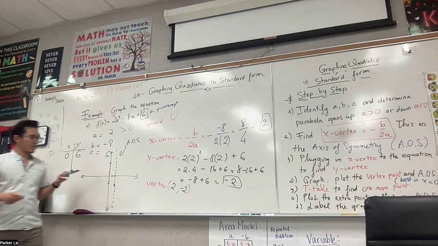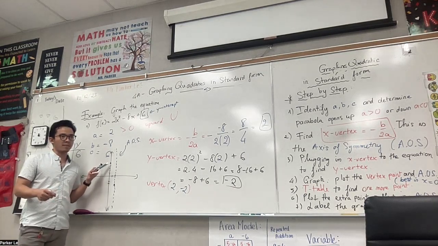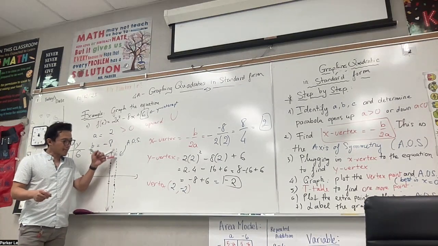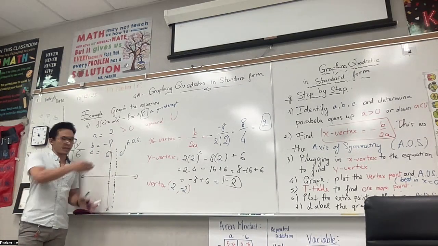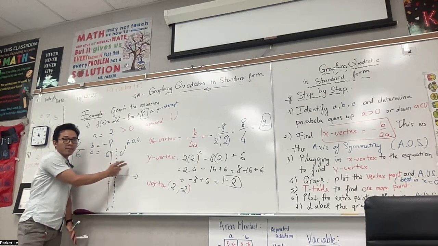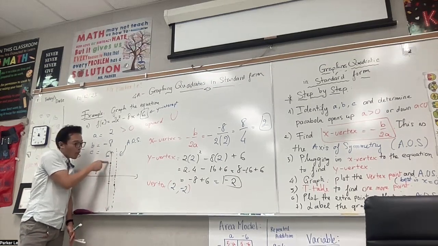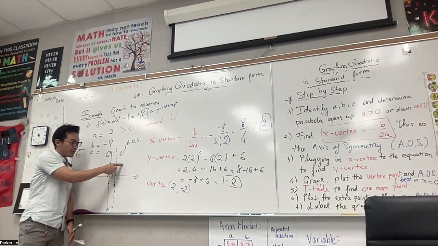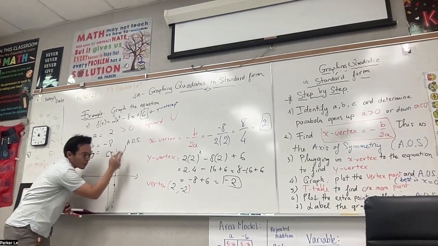Now, how can I get a third point? The AOS divides the graph into two mirror images. So if you know one point over here, you can just reflect it over here.